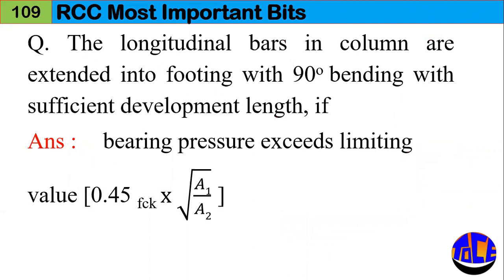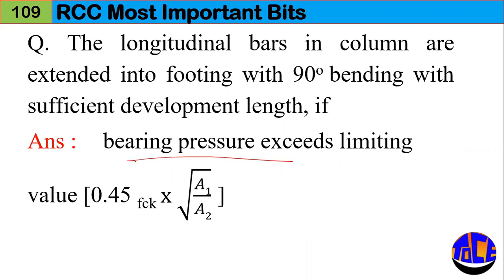Question number 109. The longitudinal bars in a column are extended into the footing with 90-degree bending with sufficient development length if the bearing pressure exceeds the limiting value.